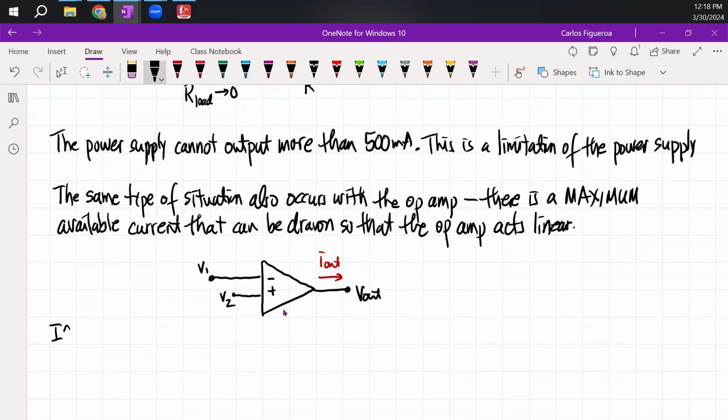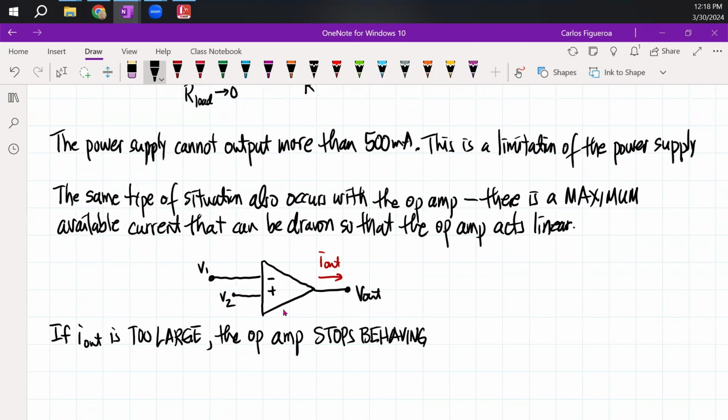So if I out is too large, the op amp stops behaving linearly and cannot follow V out equal to A V in.